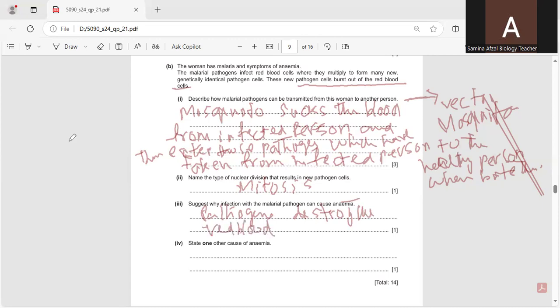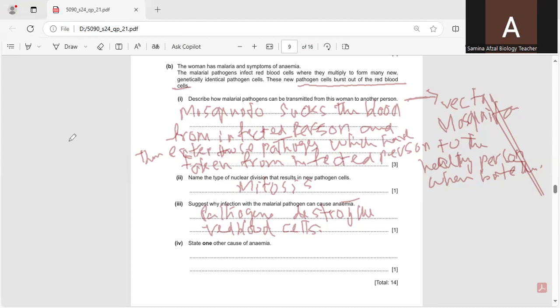They invade the red blood cells and multiply there, and as a result they destroy the red blood cells. And when the red blood cells are lesser in number, there will be the condition which is called anemia.